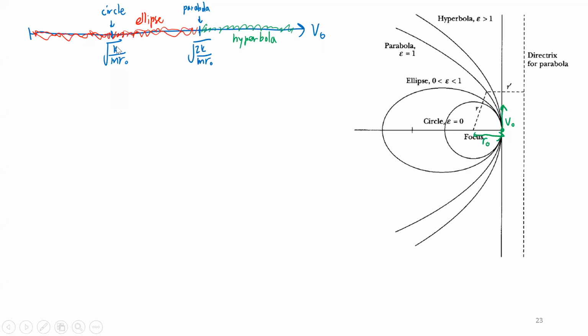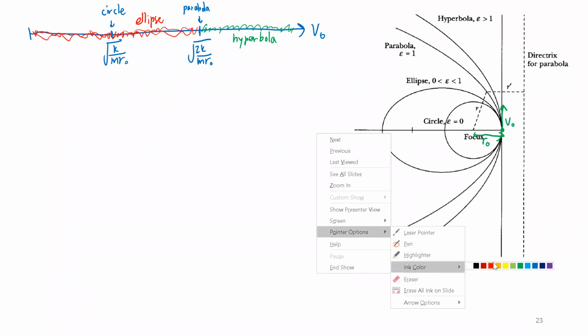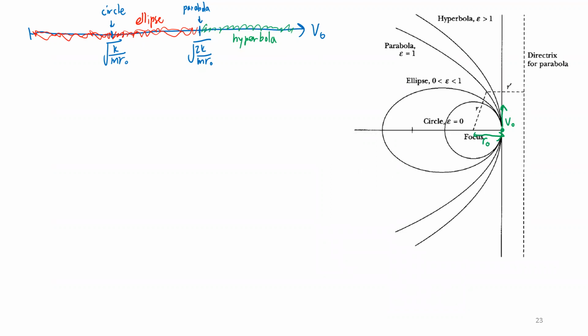However, this picture doesn't really show what happens if we have the velocity even smaller than this value. Because you could imagine that if you are somewhere between here, you are getting the ellipse, which are all kind of bigger than the circle. So you may get an ellipse like this black one, but you might also get an ellipse like this one.